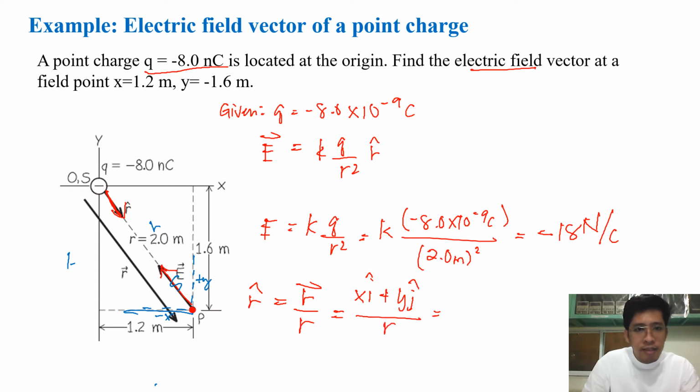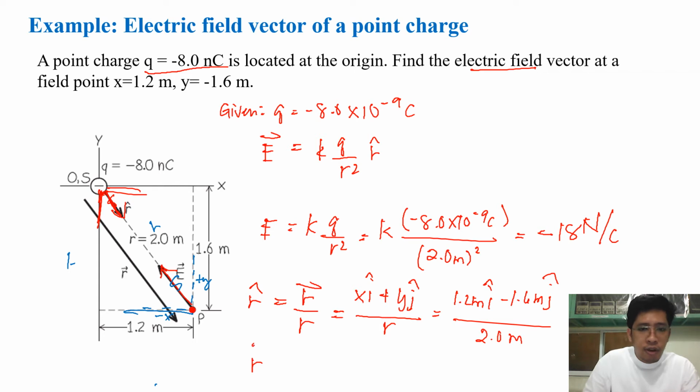Your x is a positive 1.2 meters i hat, and then your y, as you can see if you decompose this, is negative: minus 1.6 meters j hat. And this is over 2.0 meters.